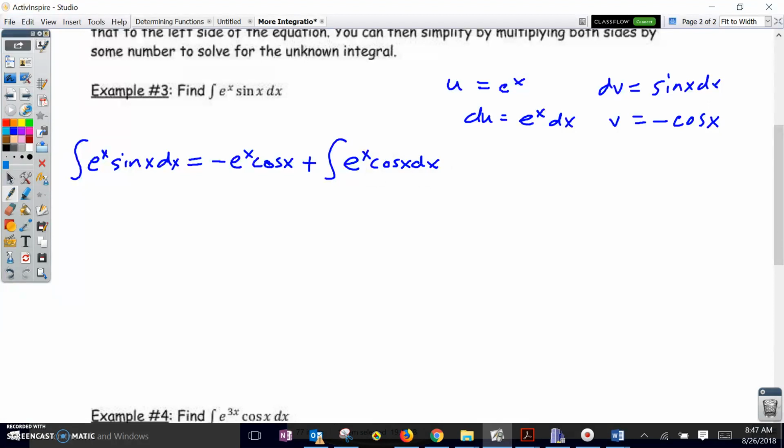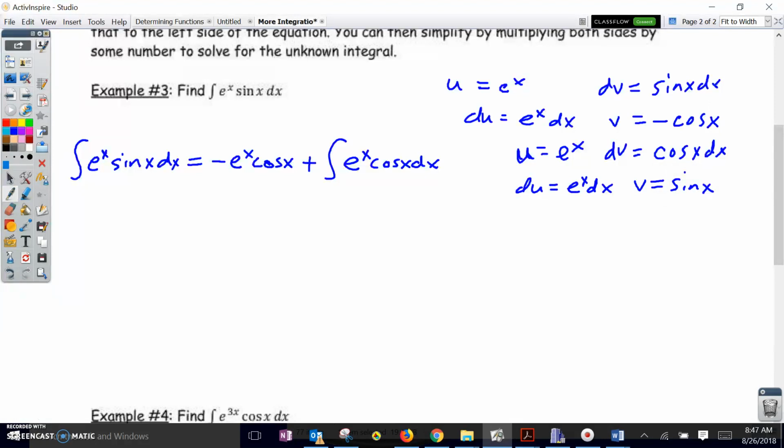And this is a very similar integral on the right-hand side now. We have an exponential and a trigonometric. And we're going to apply parts again. So we've got u equals e to the x, and dv equals cosine of x dx. So du is equal to e to the x dx, and v is equal to sine of x.